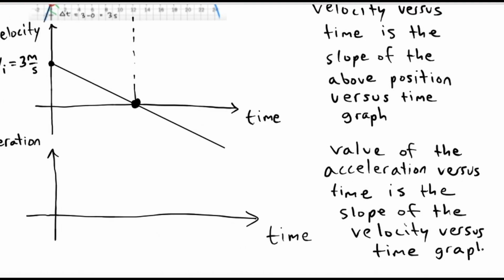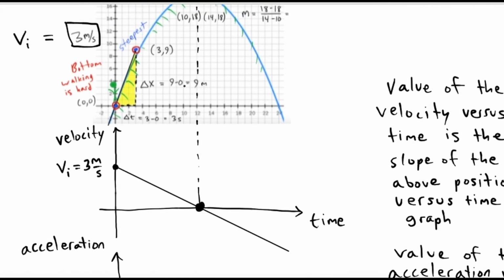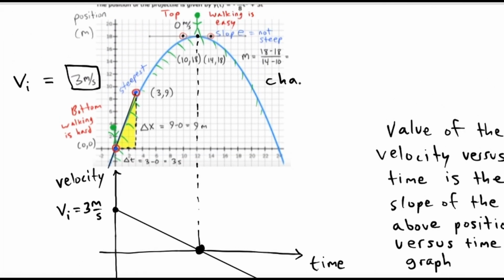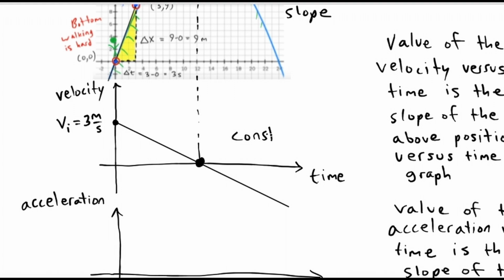Now, what about the velocity versus time graph? Is that thing having a changing slope, or is that a constant slope? Because this sure was a changing slope. I proved that. Yeah, that's a constant slope. So what that means is we have constant acceleration, because the acceleration's value is the slope of the velocity.